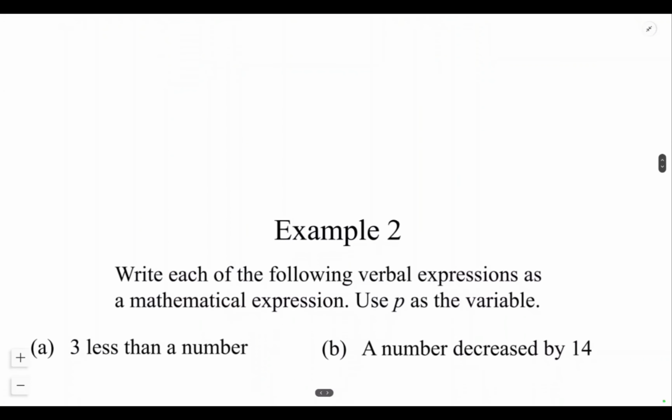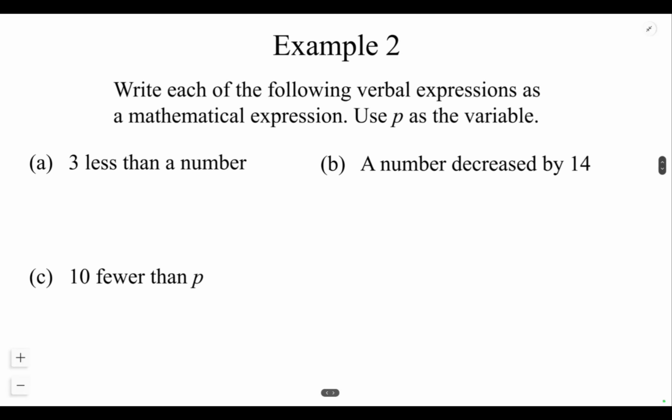So let's look at example 2. It says write each of the following verbal expressions as mathematical expressions. Use P as the variable. So whatever variable it tells you to use, that's the one you use. If it gives you a problem and doesn't tell you to use a certain one, you use whichever one you want to use, all right? In this case, it says 3 is less than a number.